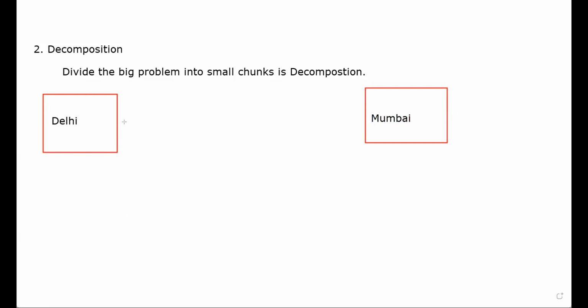Okay, my plan is to go Delhi to Mumbai for vacations. So first of all, what is our problem? Our problem is we have to go Delhi to Mumbai. So we need to decompose the problem. How can we go from Delhi to Mumbai? So we have to divide this plan into small chunks. So what are the small chunks?